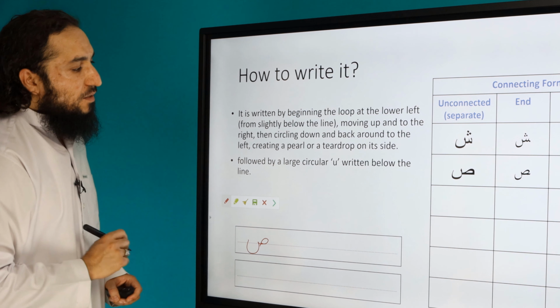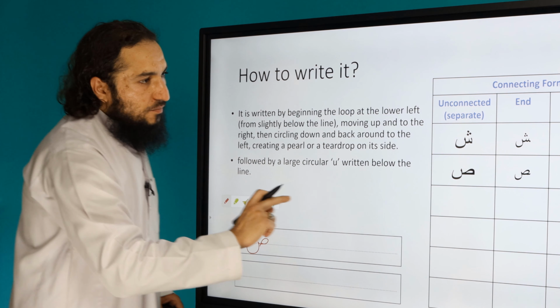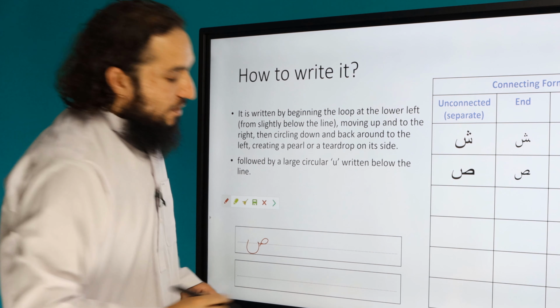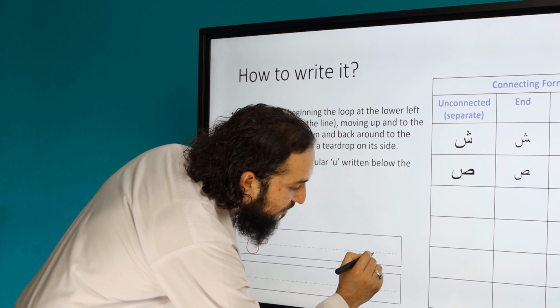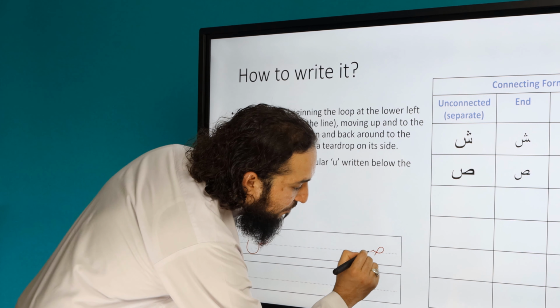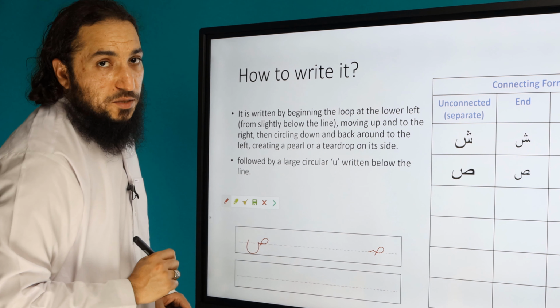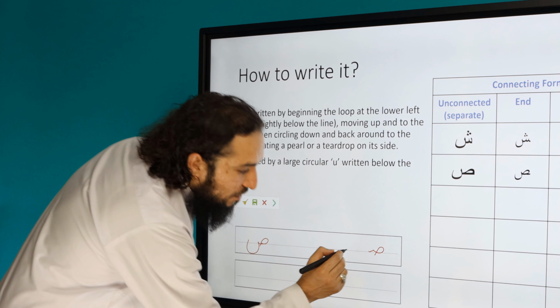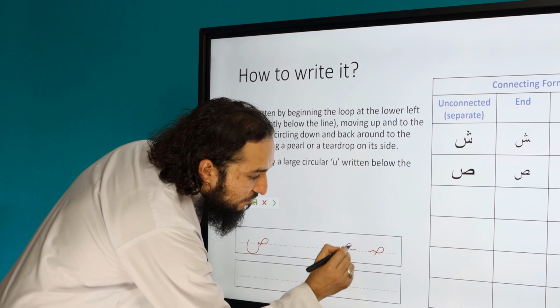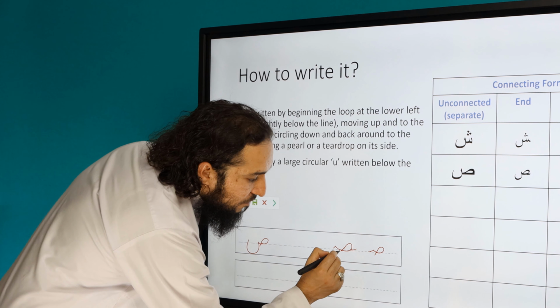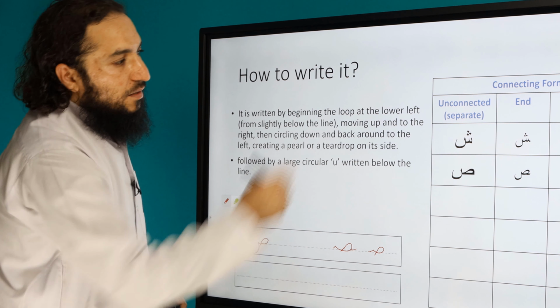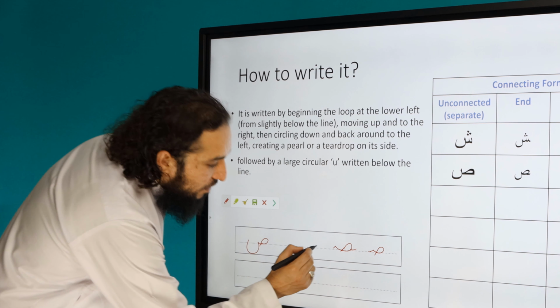That's Sad. If you see other forms, they look like this, with a similar teardrop shape. If it is in the beginning, in the middle it would look like this, and at the end it would look like this.